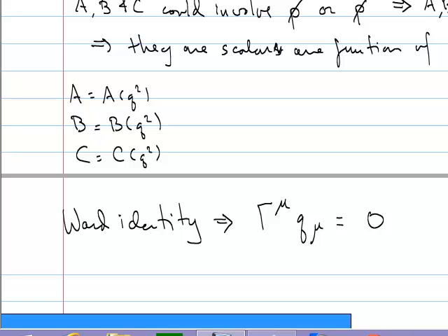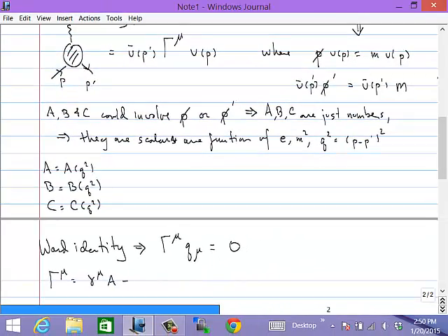So remember that Gamma mu was gamma mu times A plus P prime mu times B plus (P minus P prime) mu times C, otherwise known as Q mu times C.